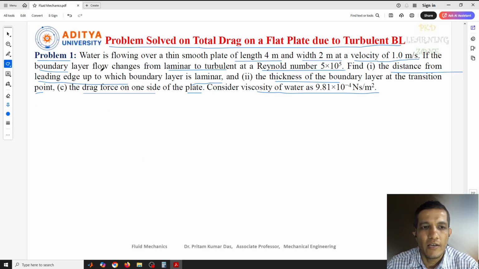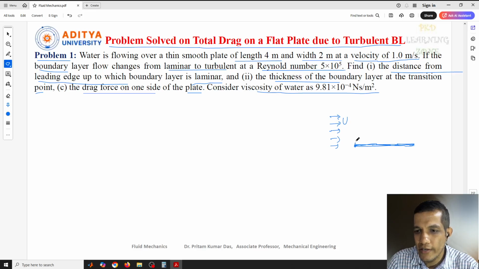Based on this question, let's first draw a diagram. The water is flowing over a thin smooth plate. Suppose this is the plate, a thin smooth plate, and over this the water is flowing with some velocity.